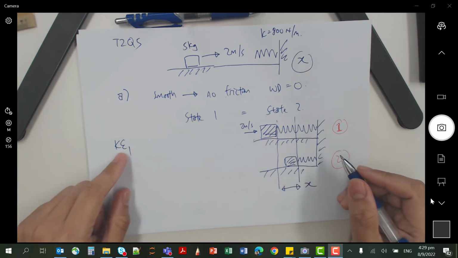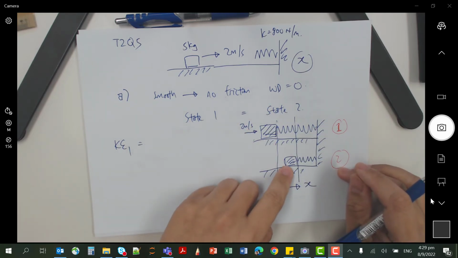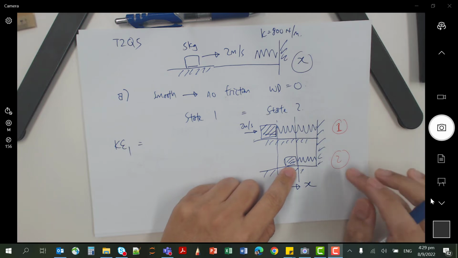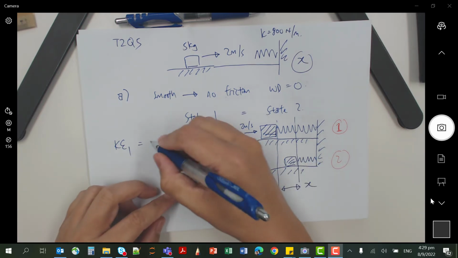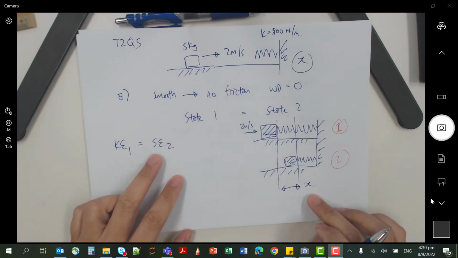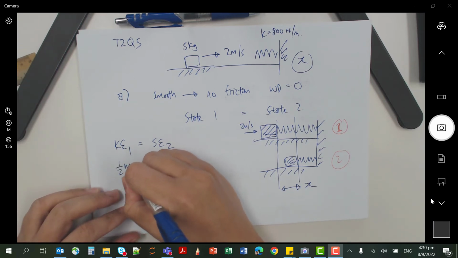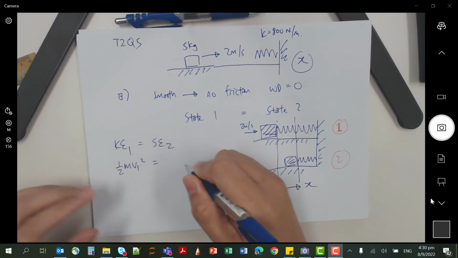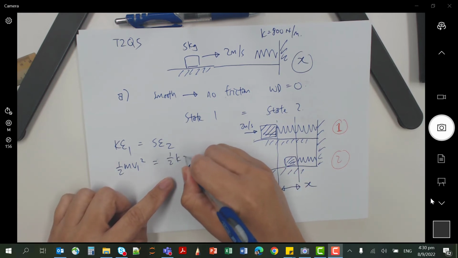So state 1 only has KE1. State 2, what does it have? Fully stopped already, there's no KE. There is only spring energy, which is compressed. So spring energy 2. So this is your equation. KE1 is simple, half m v1 squared, and spring energy 2 is half k x squared.